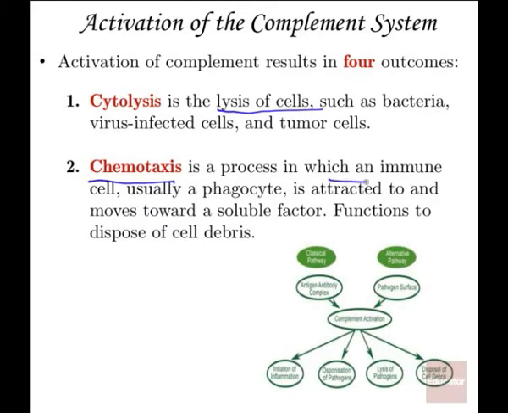It's a process in which an immune cell, a phagocyte for instance, is attracted to a particular area of the body, and it moves towards a particular factor. One of the outcomes of complement is that it creates this chemotactic situation where all these immune cells are attracted to the particular area where the pathogen has entered the body.